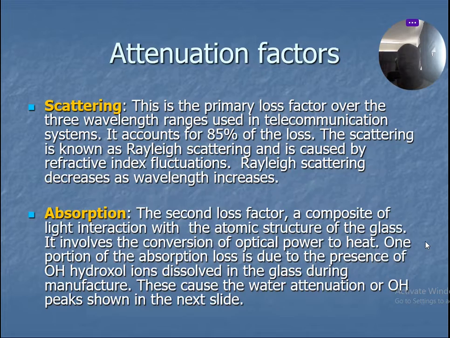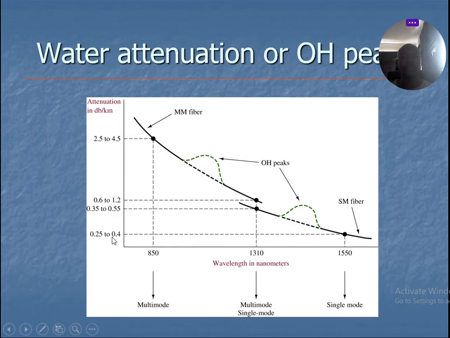Now, let's take a look at that from the diagrammatical point of view. What you have here in this figure is a multi-mode system. You have multi-mode here, and multi-mode and single mode here, and these are the nanometers, the distance through which the power or the strength of the signal can go.